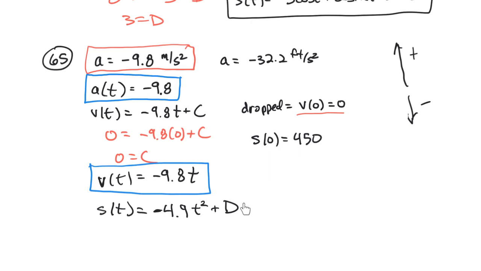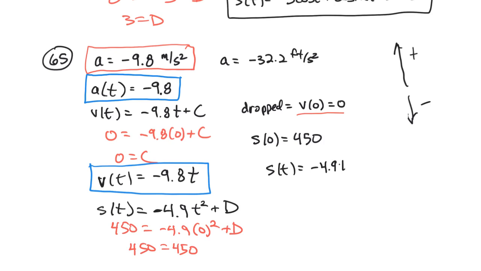So we can use that here: when t is 0, the position is 450. So you could say, okay, 450 equals -4.9 times 0 squared plus d, which means that d is 450. So now we can improve our position function. We can say the position function is -4.9t squared plus 450.